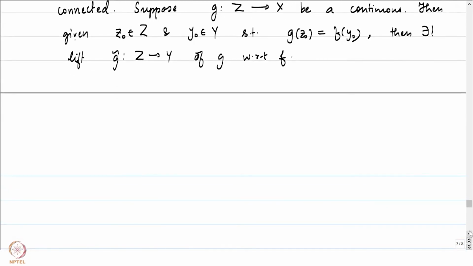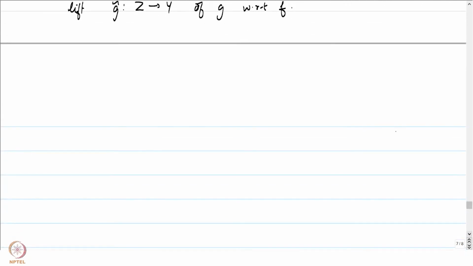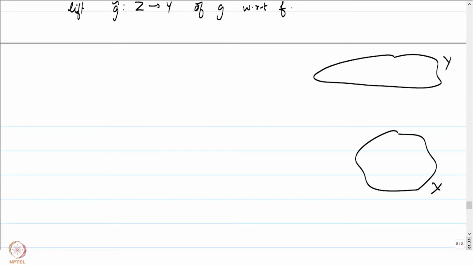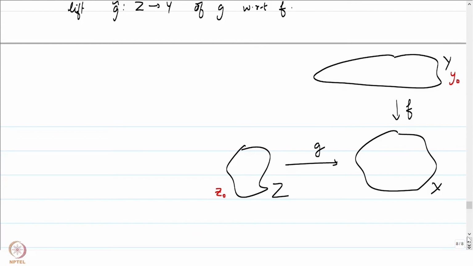Let's draw pictures so that the situation is clarified. There is our X here and we have Y here. There is the covering map F from Y to X. We also have a map G from a simply connected, locally connected open subset of C, which is being called Z. And suppose we start off with some point here, let's say Z0, and Y0 are a couple of points which both are getting mapped to the same point, let's call it X0.